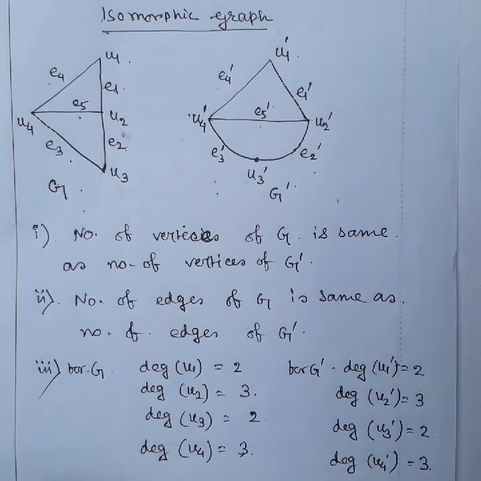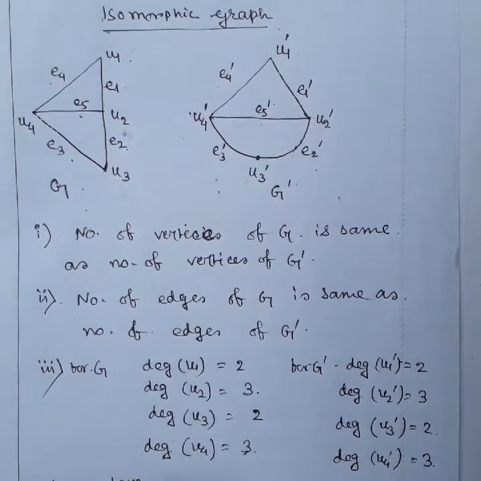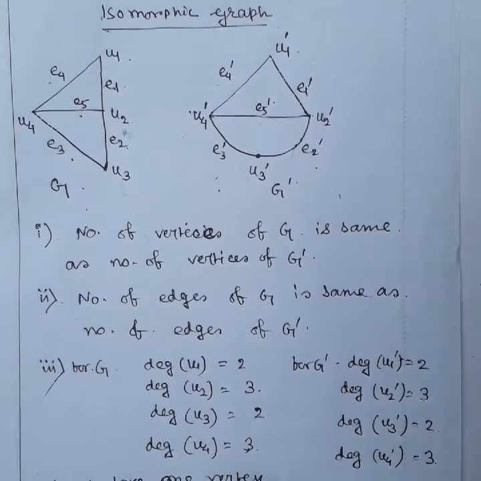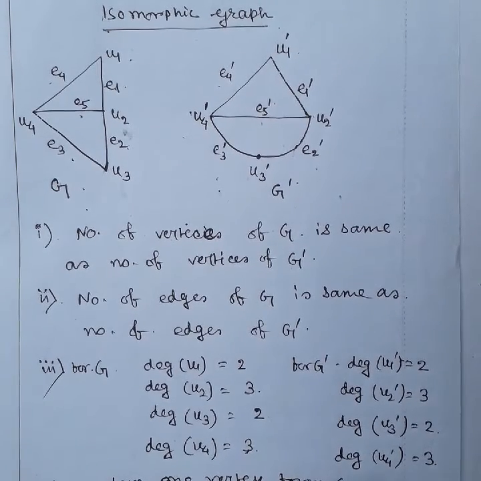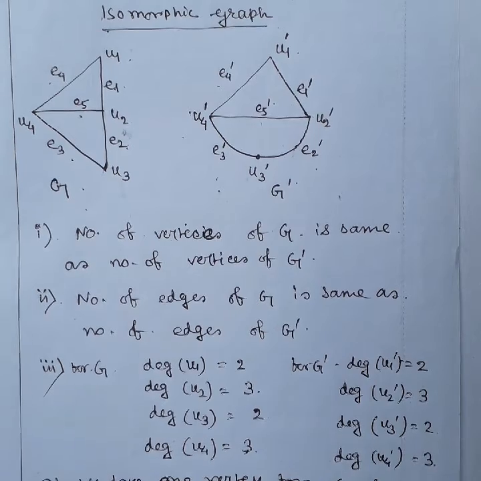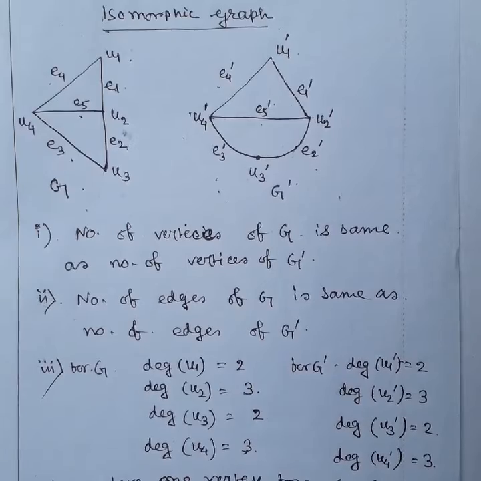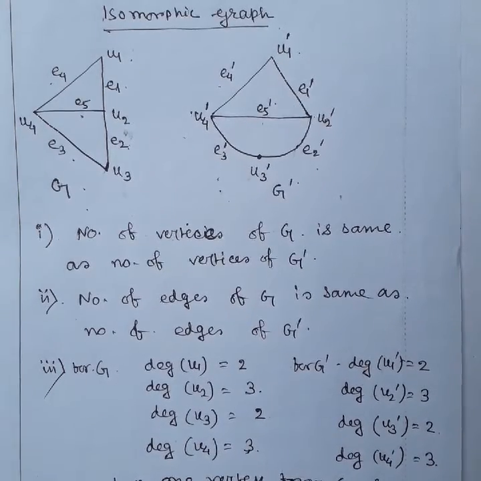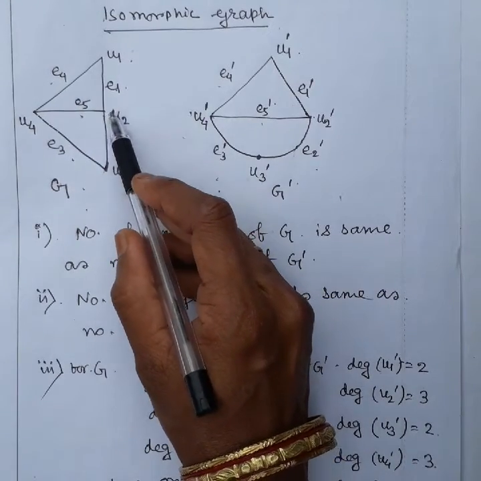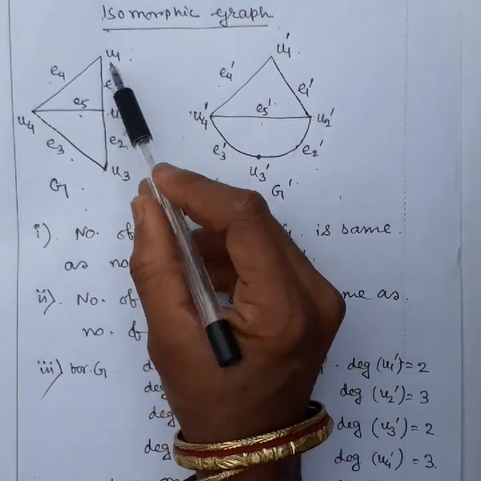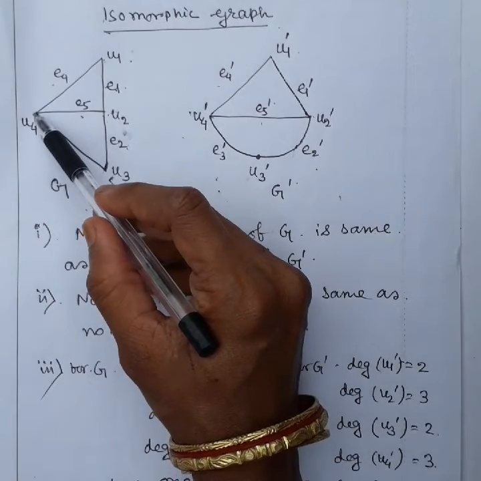Okay, now if we take one vertex from G, say U2. Okay, this is a 3-degree vertex, and among the adjacent vertices of U2, there are two 2-degree vertices, U1 and U3, and one is a 3-degree vertex.